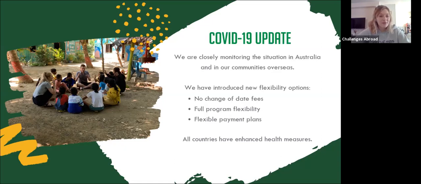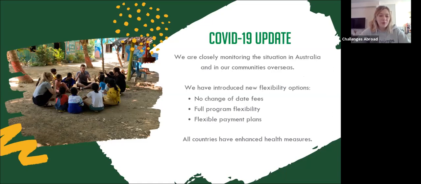That means if you, for example, booked a program in June or July next year and then aren't able to travel on those dates, or you don't want to travel on those dates, you are able to postpone to different dates, whether that's at the end of the next year or even in 2022, and you can do that without any cost.